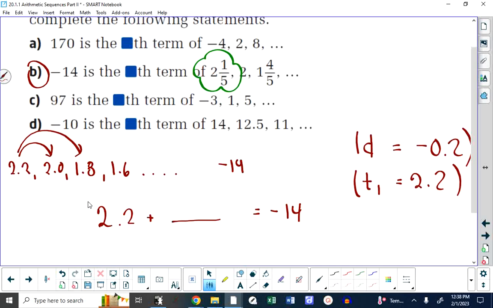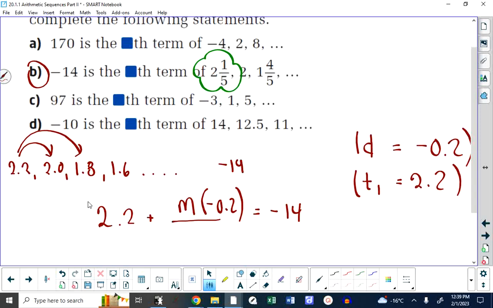But what we are adding is a multiple, and I'm going to use the letter M, times the common difference. And the common difference is negative 0.2. I'm using M for a particular reason. I don't want to use N. And I think a couple of you see why N is problematic here.